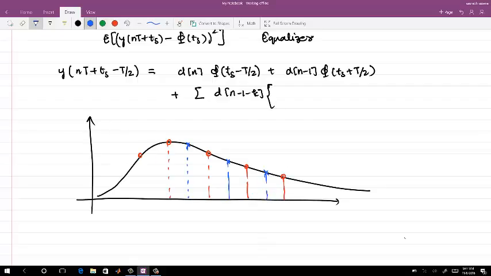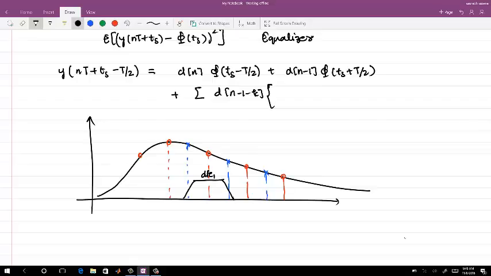For cancelling the first post cursor ISI, we had some kind of pulse, and the coefficient of this pulse was DFE1.